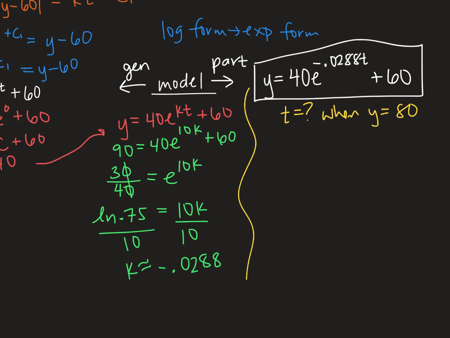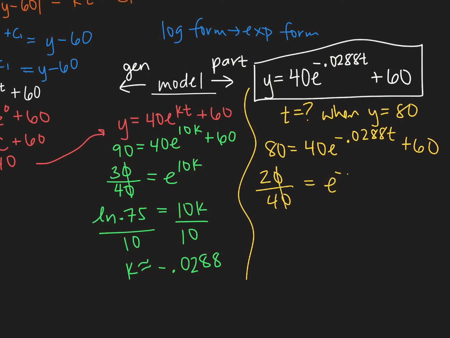So we'll have 80 equals 40 e to the negative 0.0288 t plus 60. Subtracting 60 and dividing by 40 will leave us with this. And so I'll take the natural log of both sides, so I'll get the natural log of one half equals the natural log of e to that.